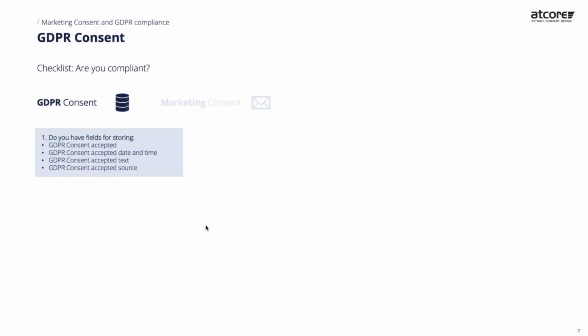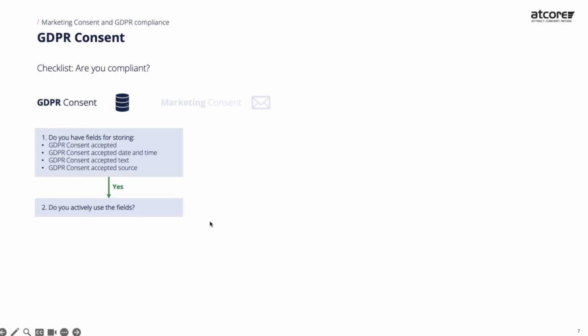So first of all, do you have the necessary fields? So we recommend using 4 fields. 1 field for storing if the person has accepted the GDPR consent or not. Then a field for storing when they accepted the GDPR consent, the text they accepted, and the source of the GDPR consent. So was it a form or was it something else? If you can say yes, you have the fields, then you need to check if you are actively using them.